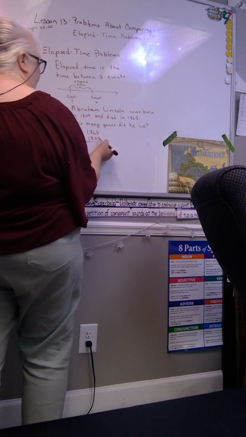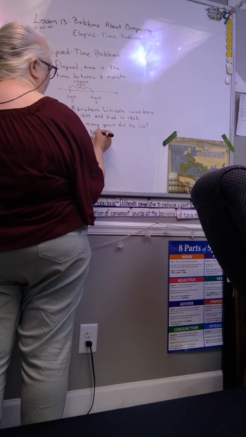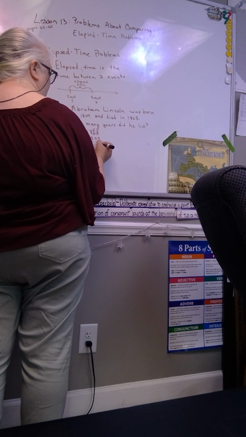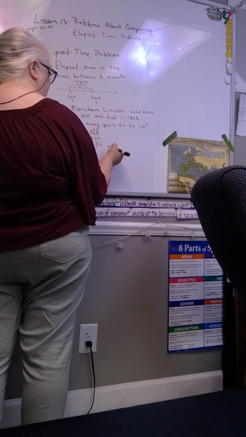Okay, again, 9 is greater than 5, so I have to borrow from the 6. That becomes 15. 9 from 15 is 6. 0 is not larger than 5, so I do not have to borrow. 56, and then that's 0.